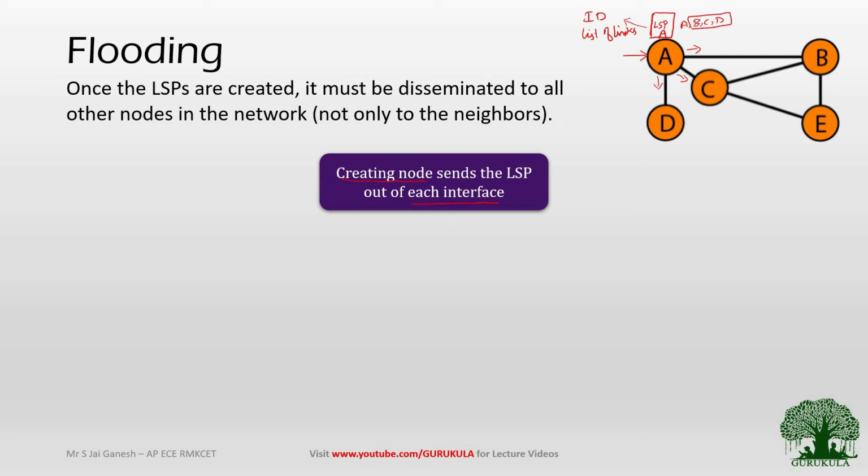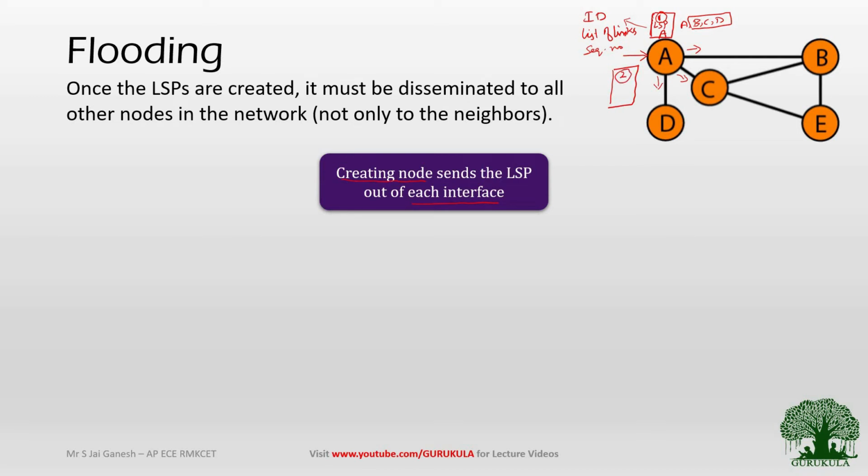The third piece of information is the sequence number. The LSPs will be given some particular number, say 1, 2, 3 or 4, or any sequence number, which will help us to identify the new LSP and the old LSP. For example, if node A creates another LSP packet after there is any modification on the network, the sequence number will be incremented.